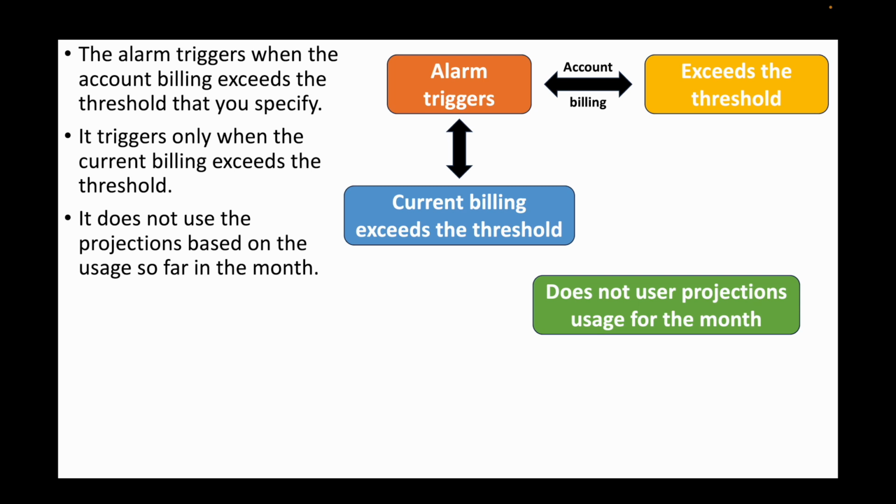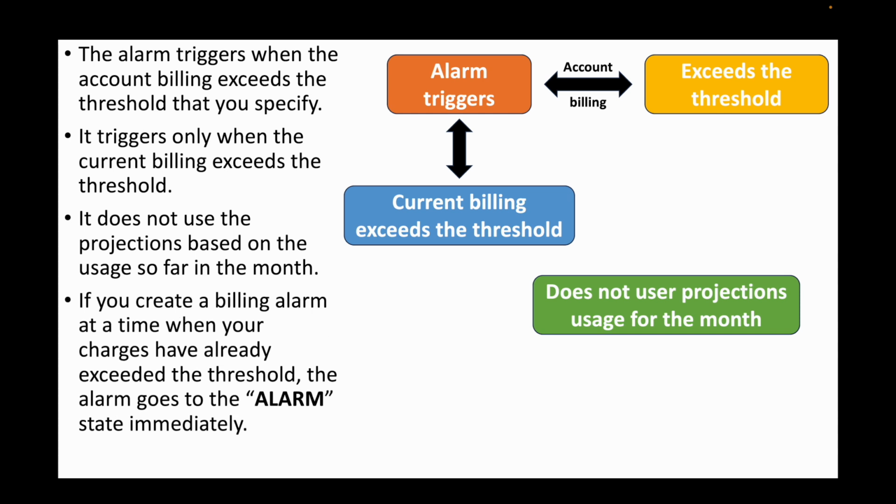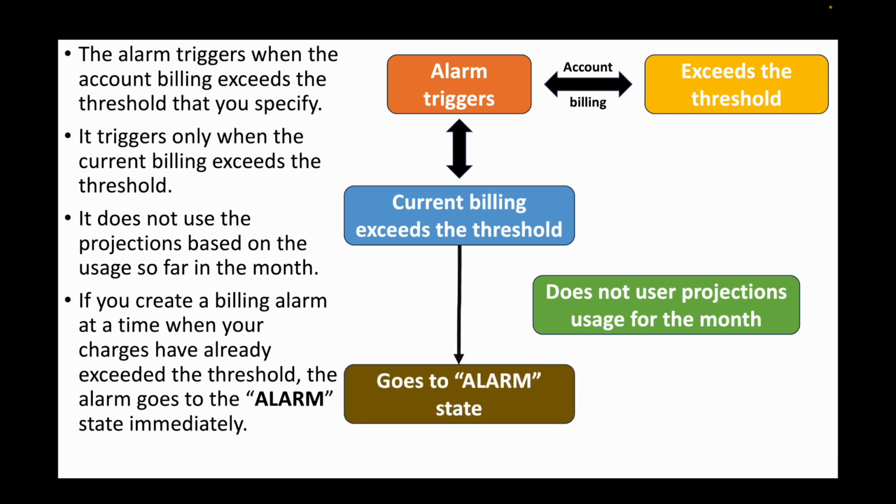So it does not assume the charges for the entire month. It's always your current usage that gets calculated as part of your billing metric. All right. So whenever we create your billing alarm, at the time when your charges have already exceeded the threshold, the alarm will immediately go to the alarm state.